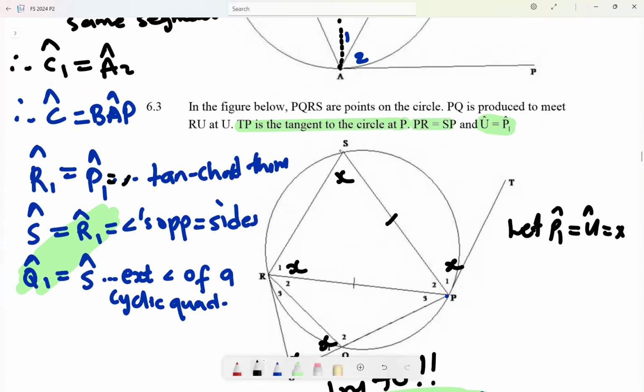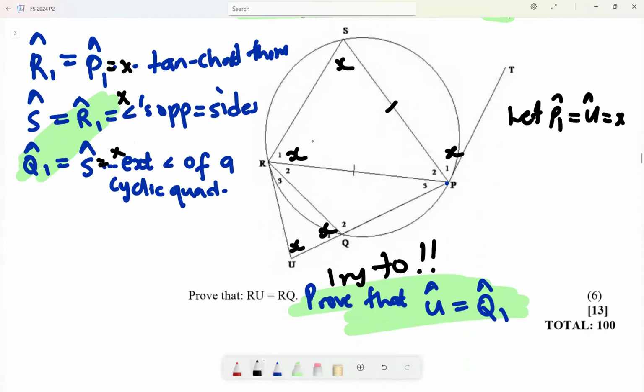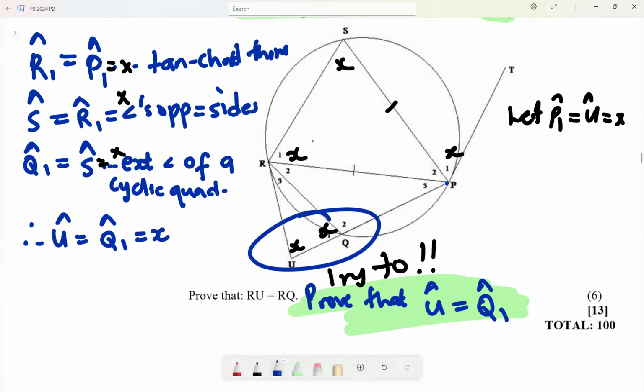So say this will equal X. Therefore, just conclude: angle U is equal to angle Q1. They are both equal to X.